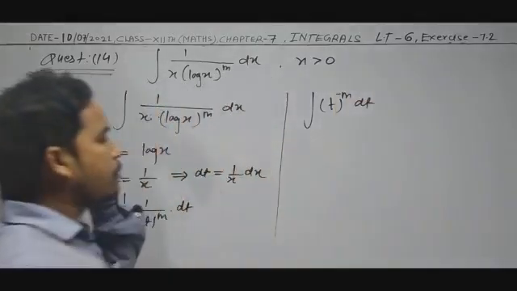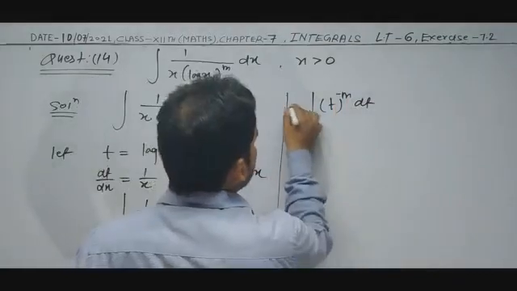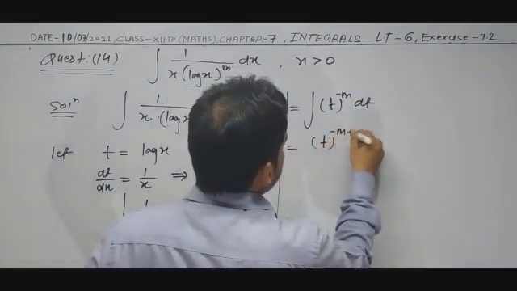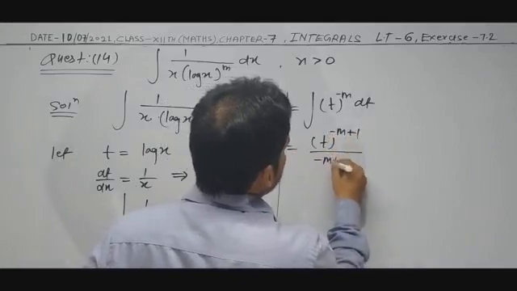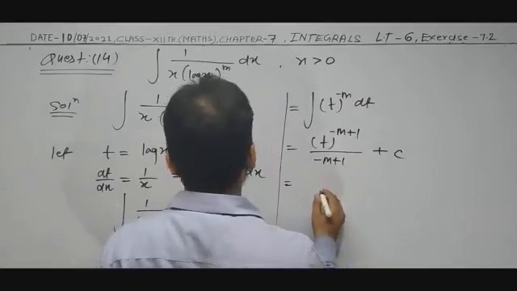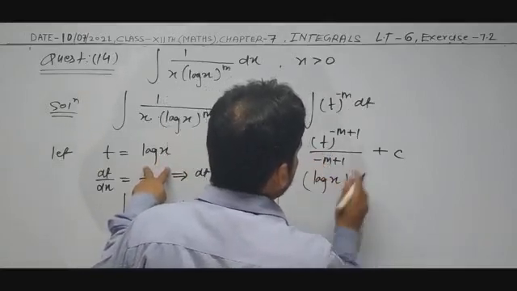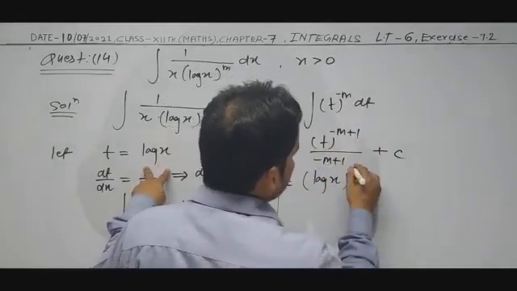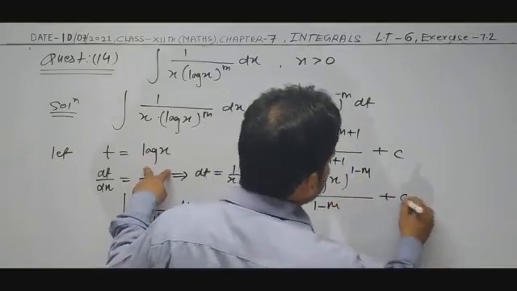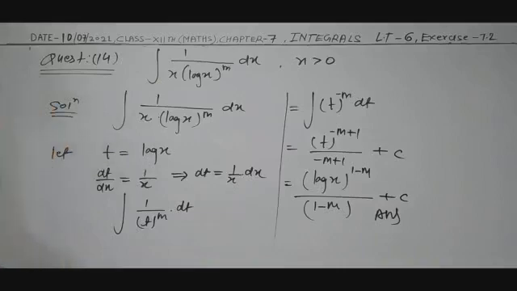Now you can apply the formula for x to the power n dx. The result will be t to the power minus m plus 1 whole upon minus m plus 1, plus c. This is the constant of integration, and put the value of t. The value of t is log x. So log x to the power minus m plus 1, which means you can write (log x) to the power 1 minus m whole upon 1 minus m, plus c. So this is the answer.